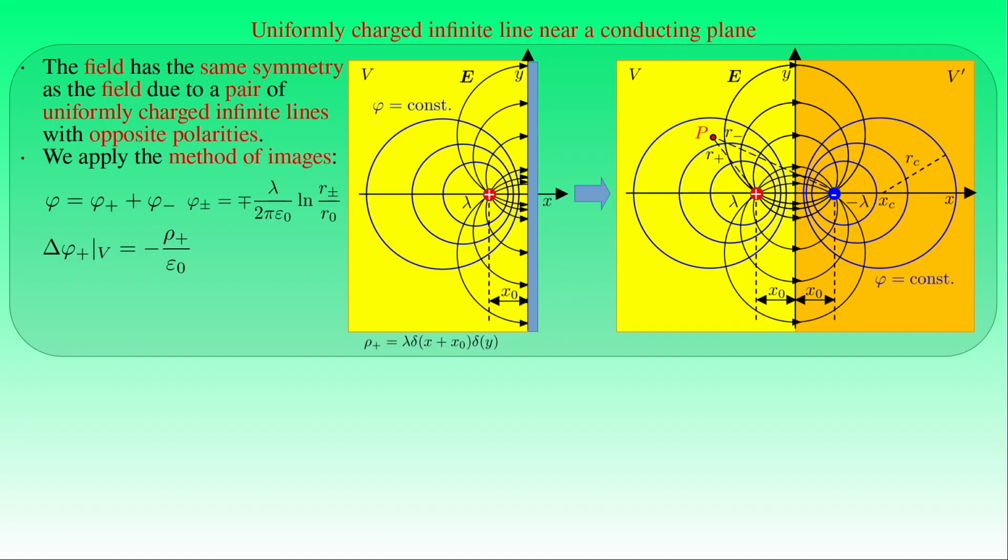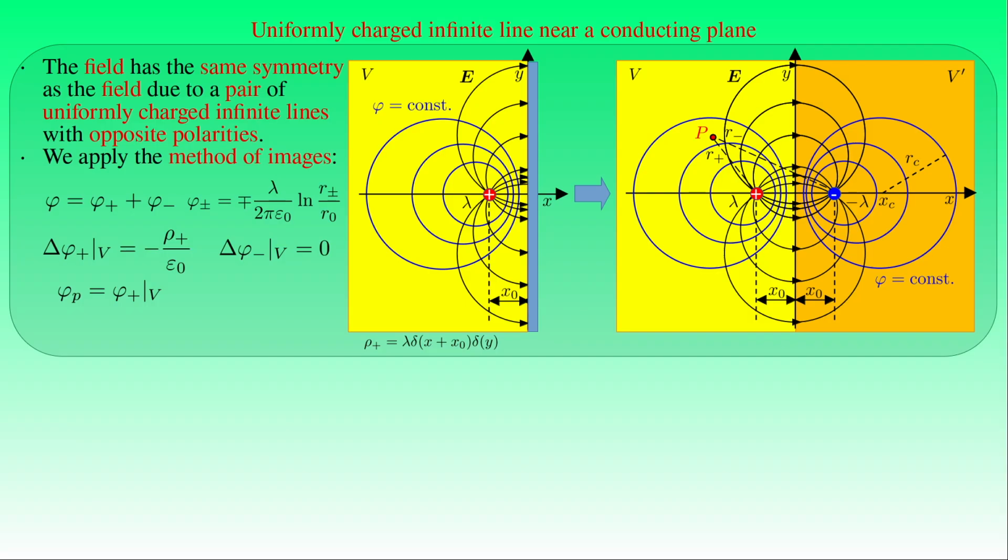The potential phi sub minus restricted to the volume V satisfies Laplace's equation over V since its source charge density is distributed over the complementary domain V'. As a result, we can identify the potential phi sub plus restricted to the volume V as the particular solution phi sub p to Poisson's equation with the source charge density rho sub plus without the boundary condition.